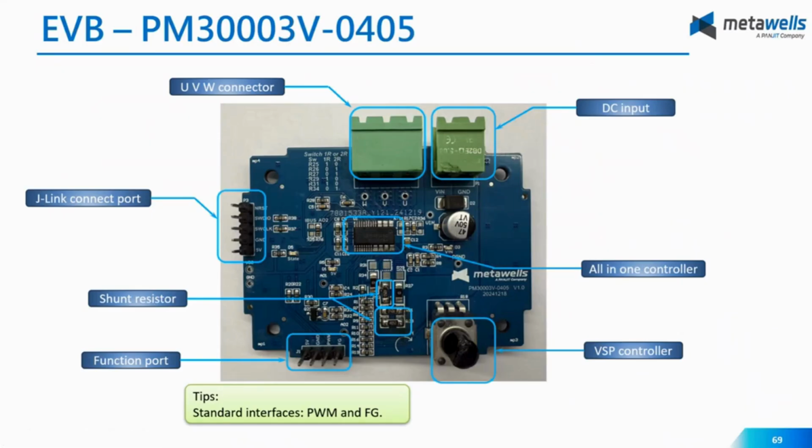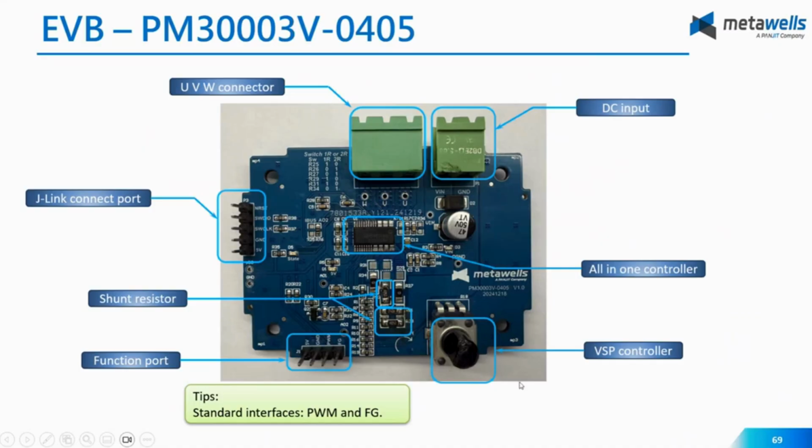Okay, let's introduce the evaluation board. This is a PM3000 3V0405 IC evaluation board. This board is a low voltage application evaluation board. You can see DC input, and this is an all-in-one controller.